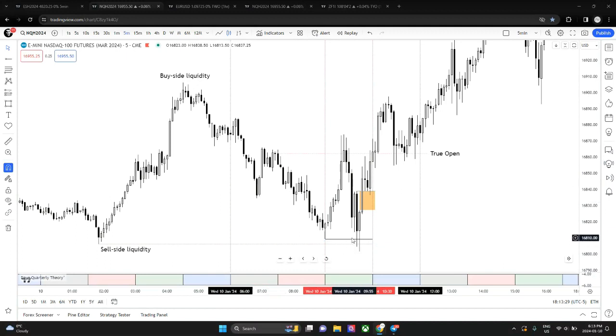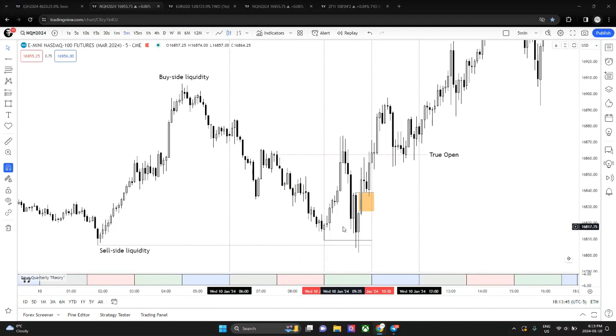You're in discount. You have a higher time frame SMT as well, right? You're trading during Q3 of Q3. This right here is the perfect setup. This is a setup that forms 75% of the time. So if every Wednesday you look at this time, you would more than likely see something like this.